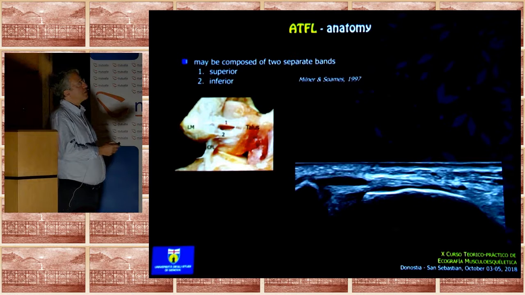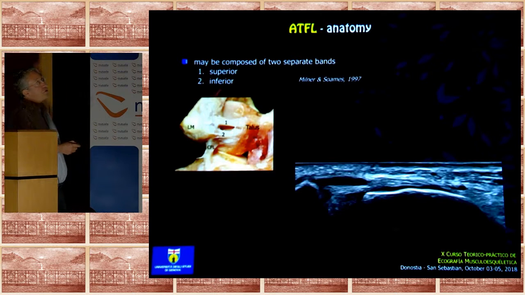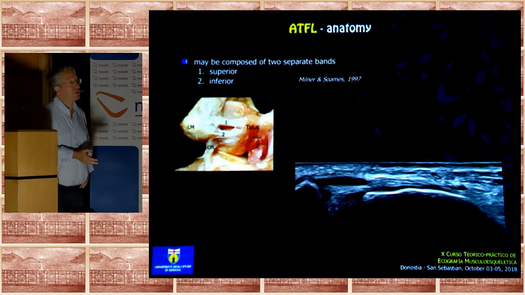In many cases these bands are totally separated. So there is the capsule in between them, but they can be appreciated as two different fibrillar structures. And this is not a variant. This is 95% of cases.